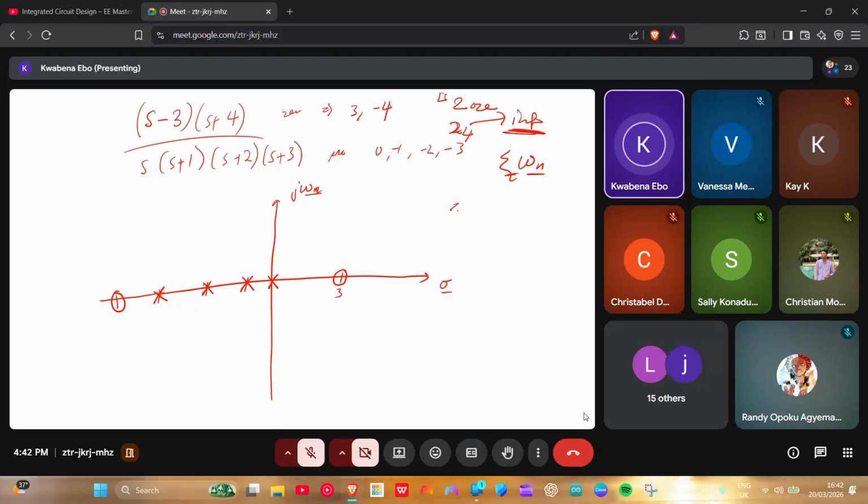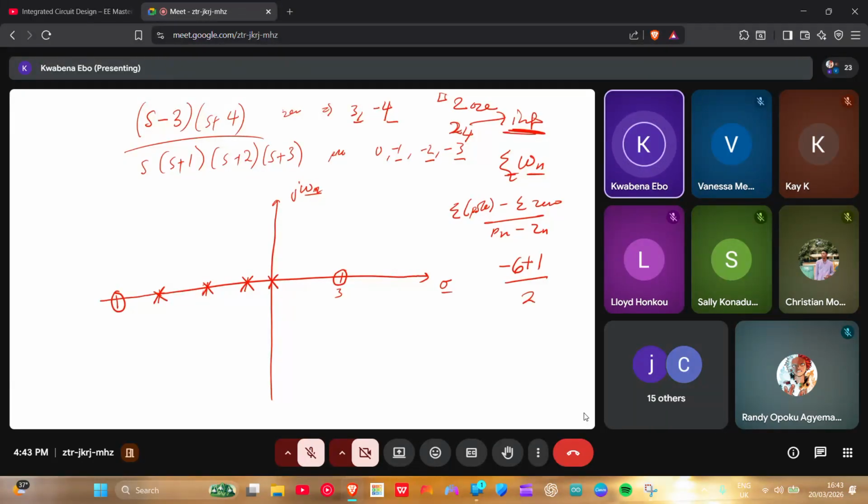The formula is the sum of the poles minus the sum of the zeros, over the number of poles minus the number of zeros. The sum of the poles is -1, -2, -3, that's -6. The sum of zeros is -1. So it will be -6 plus 1 over 2, because 4 minus 2.